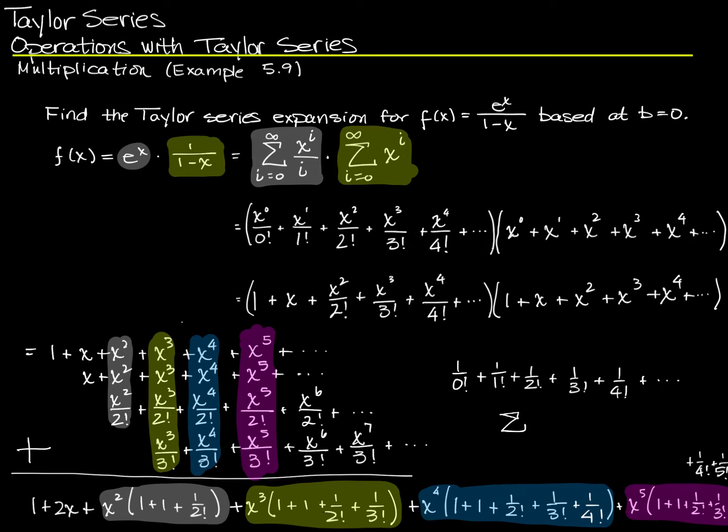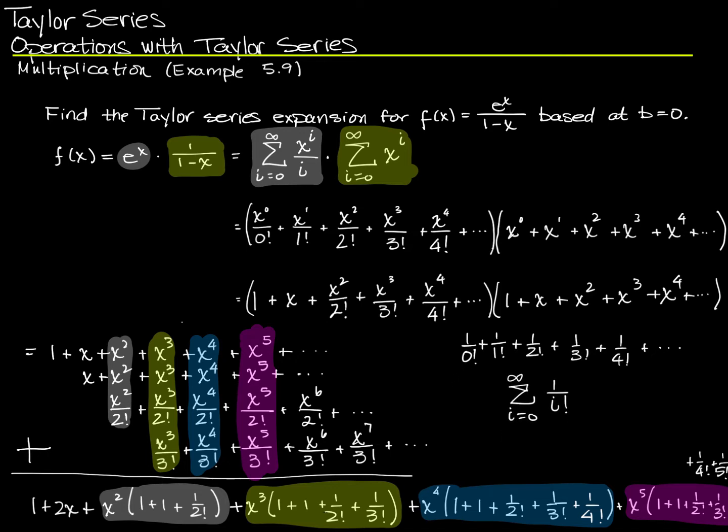This is the sum, as i goes from 0 to infinity, of 1 over i factorial. Now I want to hold this in reserve for a moment. Is this really going to make me move one term at a time? No, thank goodness. Okay. I'm going to hold this in reserve. So I'm going to put a box around it, because this is a piece that we're going to need in a minute.